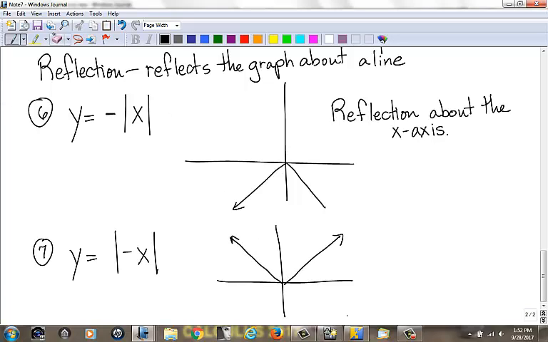But this line is actually your axis of symmetry, and it folds this. So this is a reflection across the y-axis. The y-axis would be your line of reflection. It's a reflection about the y-axis.